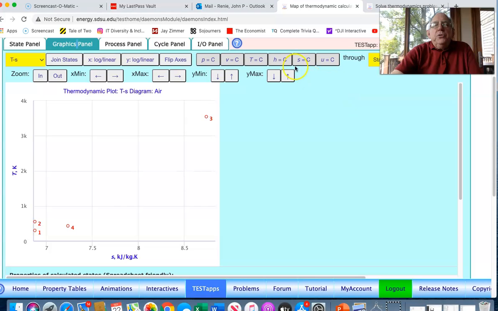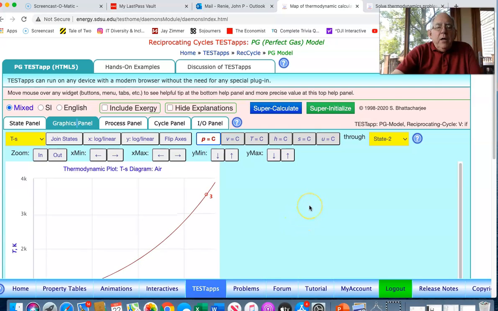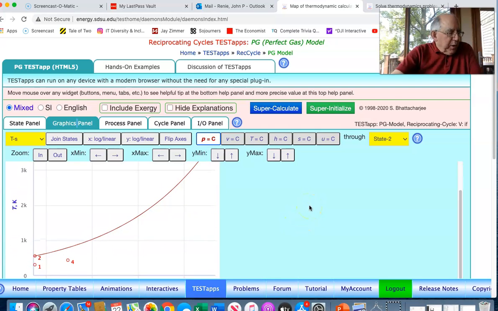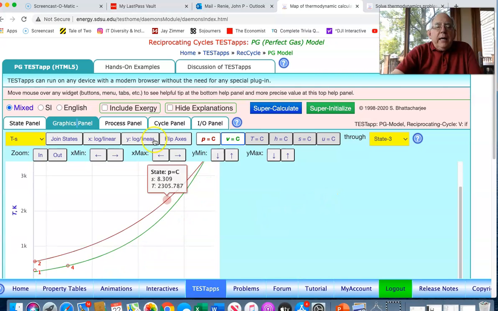Now, if I were to put through state 2 a constant pressure line, we see that that's the constant pressure line. And then from 3 to 4, we actually had a constant volume line. And so through 3, I can then draw the constant volume line.